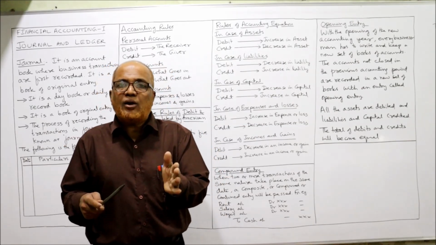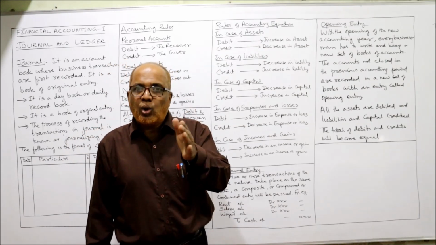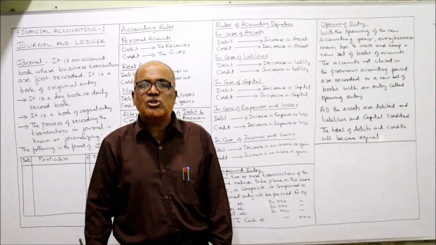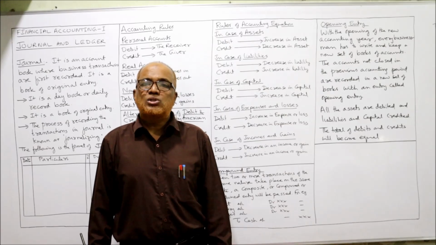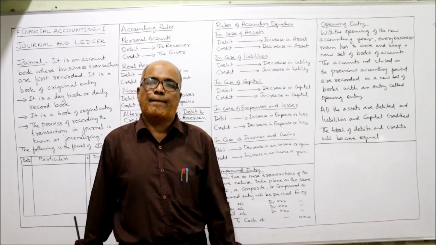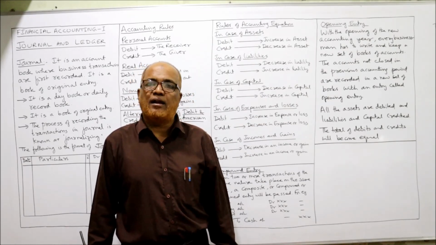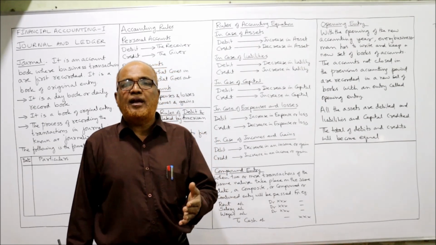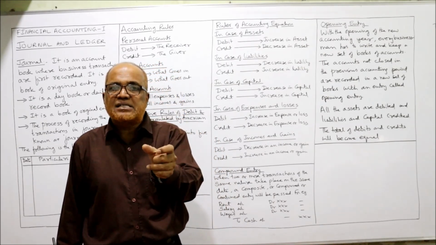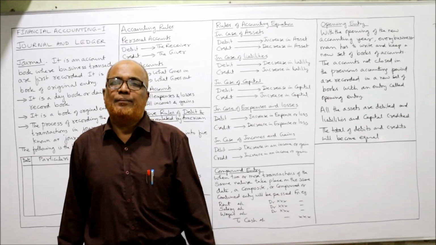So one year's closing will become the next year's opening. The current year's closing balances will become the next year's opening balances. So we have to pass an opening entry at the beginning of the next year. How to pass the opening entry? Debit all the assets, credit all the liabilities and credit the capital.